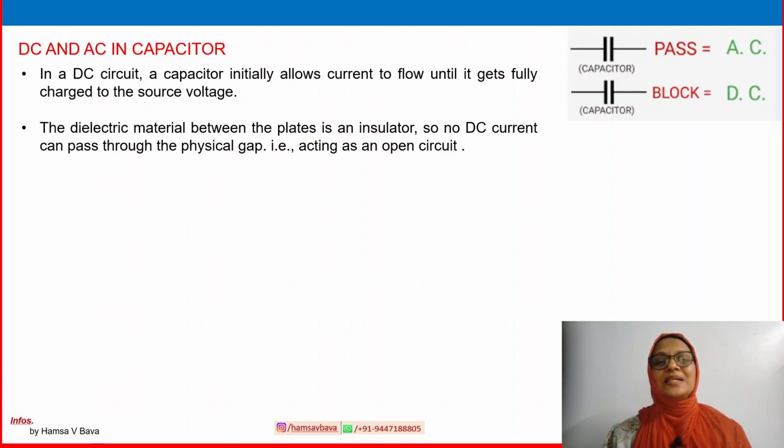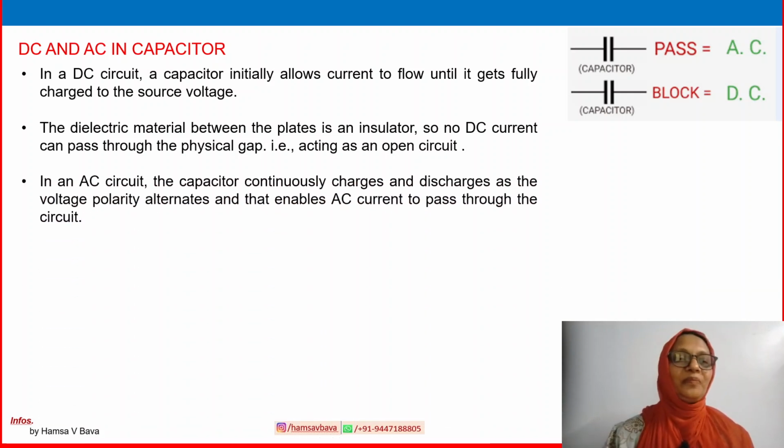The dielectric material between the plates is an insulator, so no DC current can pass through the physical gap. That is, it acts as an open circuit for DC. In an AC circuit, the capacitor continuously charges and discharges as the voltage polarity alternates, and that enables AC current to pass through the circuit.